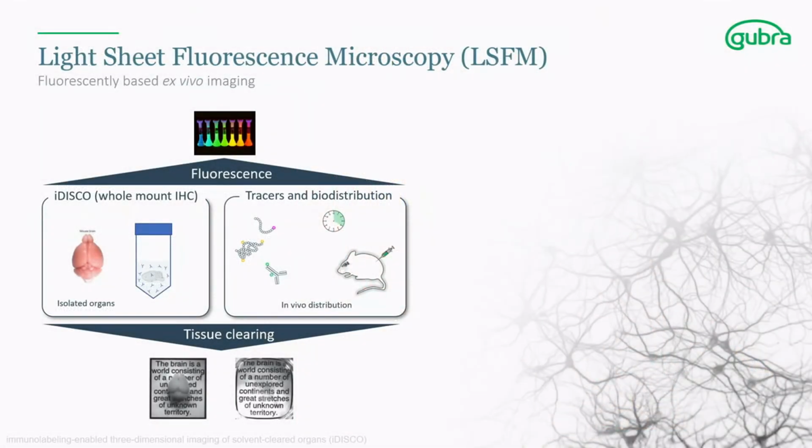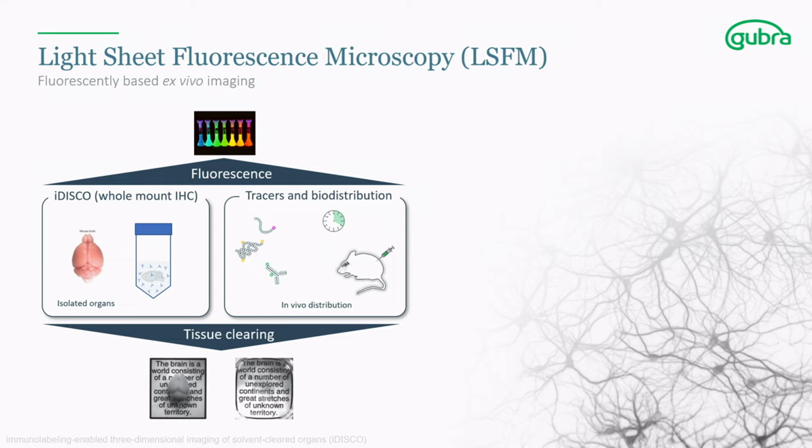So typically, we are working with clear samples that are labeled, and we typically use two strategies. Either we inject in vivo a compound or drug that is fluorescently labeled, or we use the iDISCO technique that uses primary and secondary antibodies to label our sample, which in this case is the brain, but we also apply it to other organs, like the kidneys and the lungs.